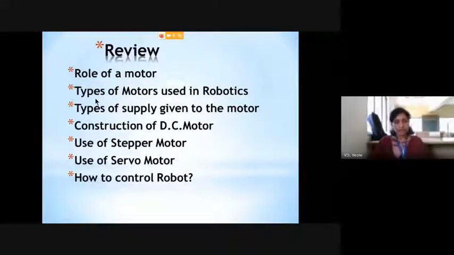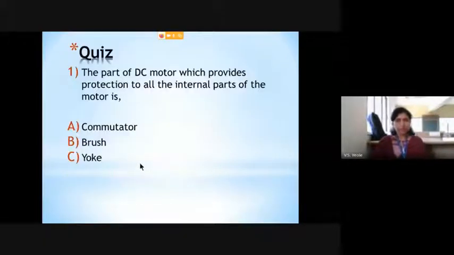Second, we saw the types of motors used in robotics. Third, types of supply given to the motor, construction of DC motor, why stepper motors are used, use of servo motor, and how to control the robot.